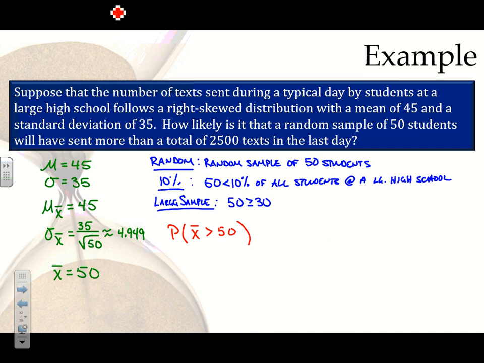Okay, so in this instance then, since we know we're dealing with a normal distribution, that means we need to convert to a z-score. So z would have to be greater than, we take the actual sample mean, 50, minus the actual mean for our distribution, 45, and then divide by our standard deviation, which was the 4.949.